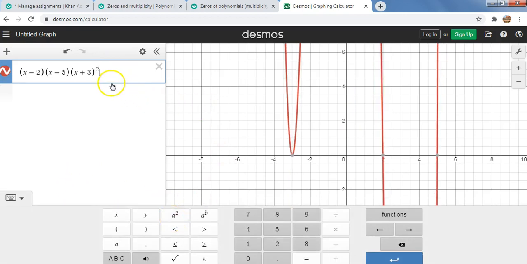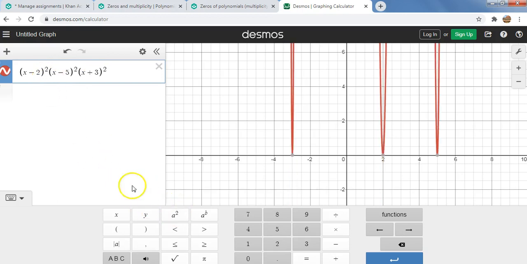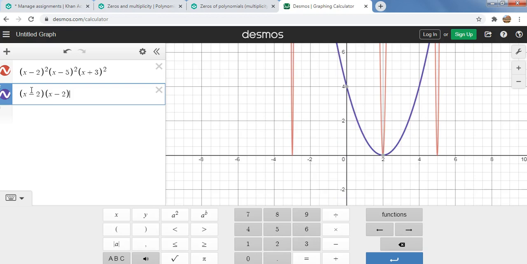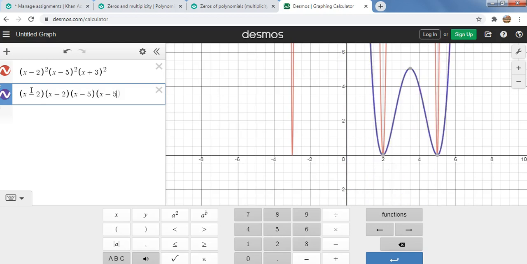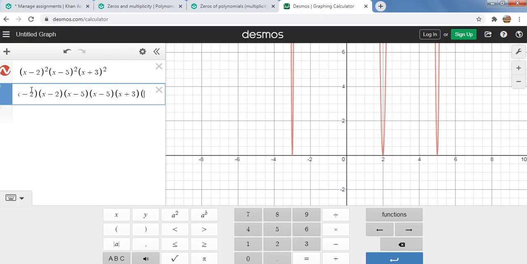All right, so look what happens whenever I decide to square something. This is a multiplicity of 2, which basically means, I'll just rewrite it real quick so you know what I'm talking about: x minus 2, x minus 2, x minus 5, x minus 5, and finally x plus 3, and another x plus 3.